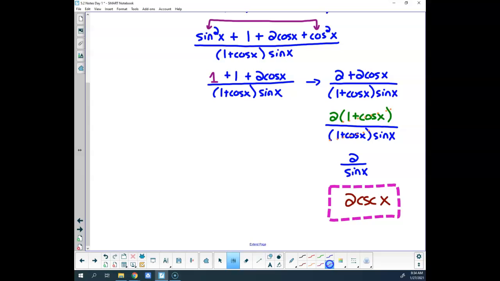The reason that this is so important is because it's what we're doing in section 5.2 also.